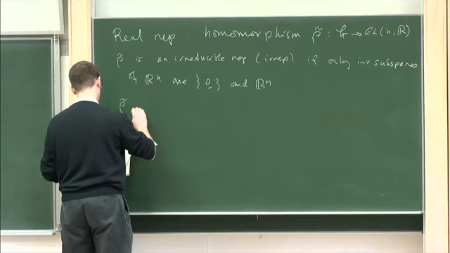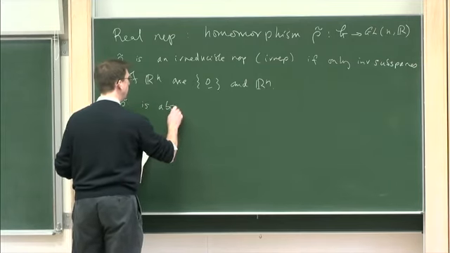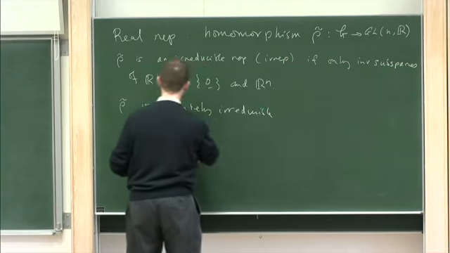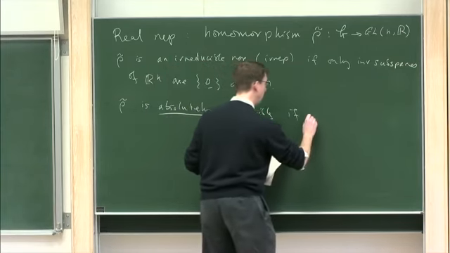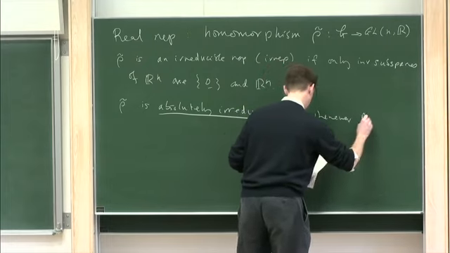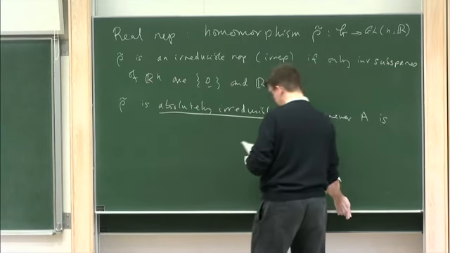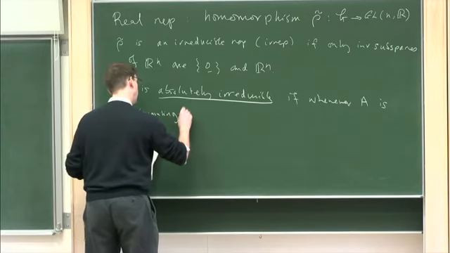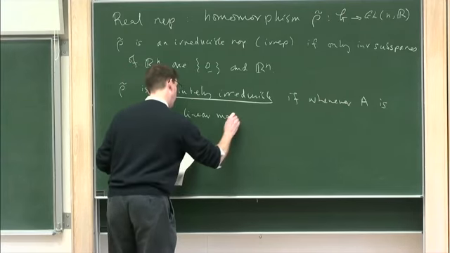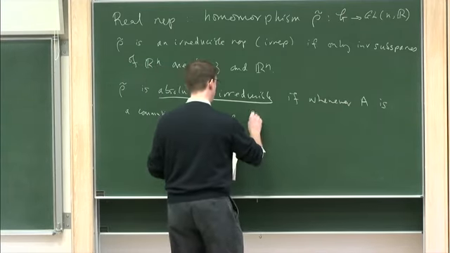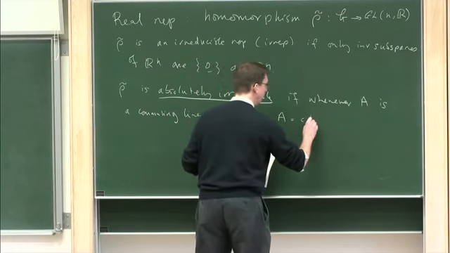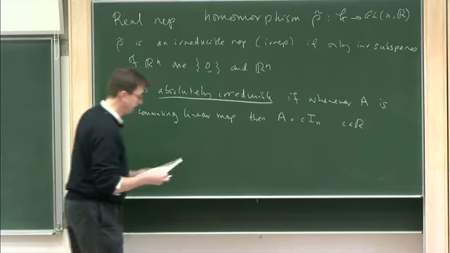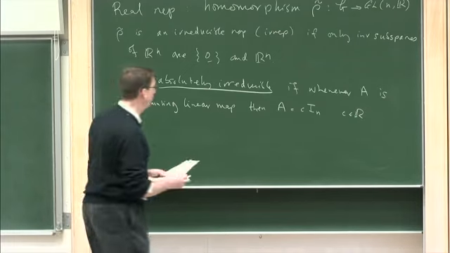So rho tilde is going to be said to be absolutely irreducible if whenever A is a commuting linear map on Rn, then A is actually forced to be some real multiple of the n by n identity matrix in the right coordinates.